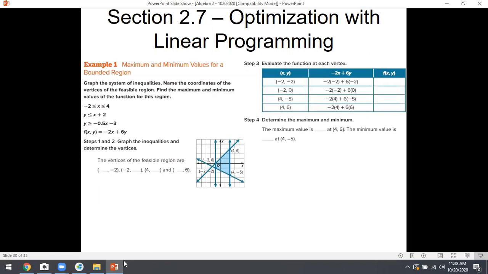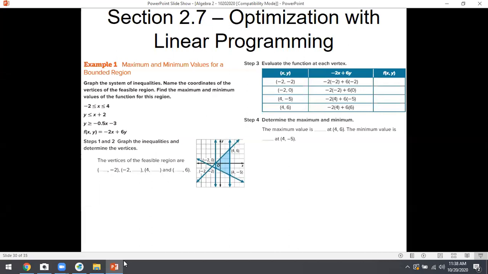And we keep doing all these points as we go around. What is it at this point when I plug in -2 and -2? Well, I'm replacing x with -2 and y with -2. So -2 times x, which is -2, plus 6 times y, which is also -2. That's 4. That's -12. 4 minus 12 is -8.